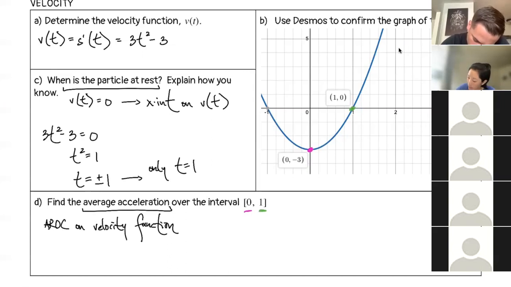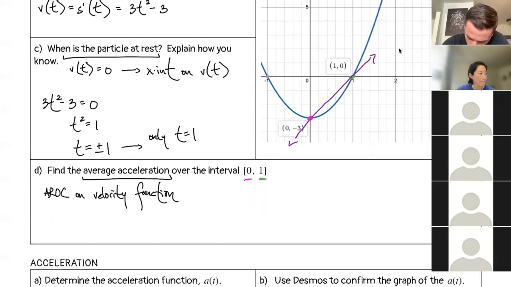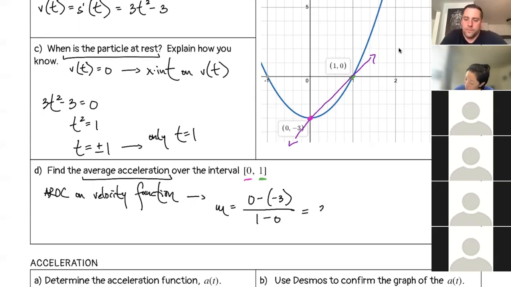We could draw in that secant line and plug in some numbers to find the slope. Slope equals 0 minus -3 over 1 minus 0, which gives us a slope of 3. And what are your thoughts on the units for this?